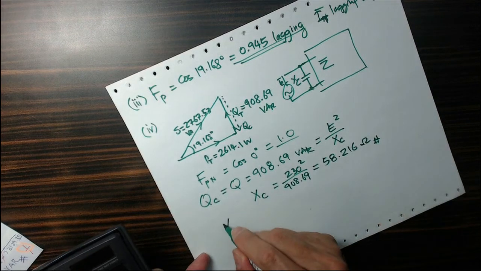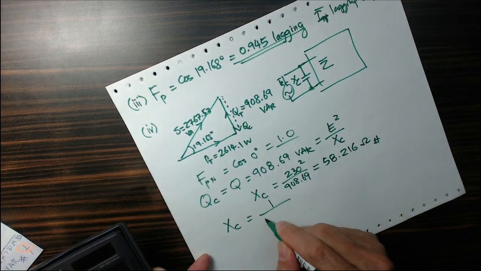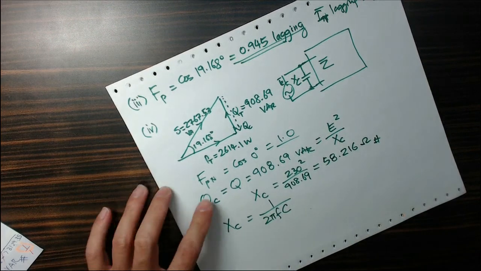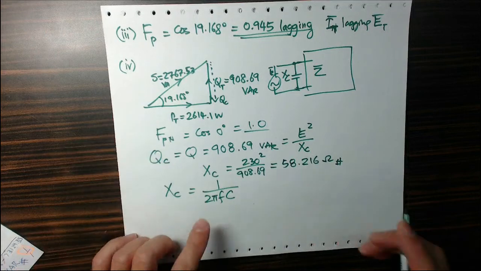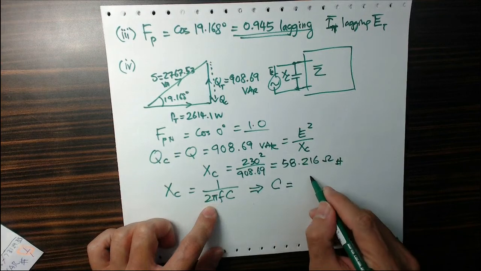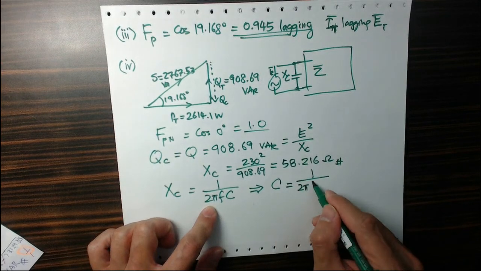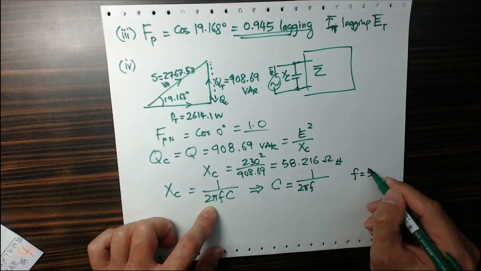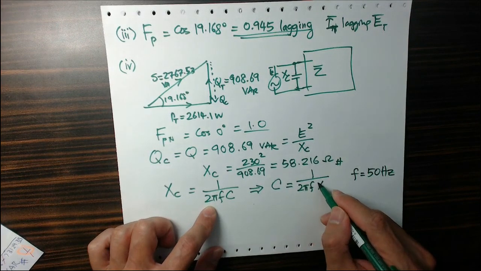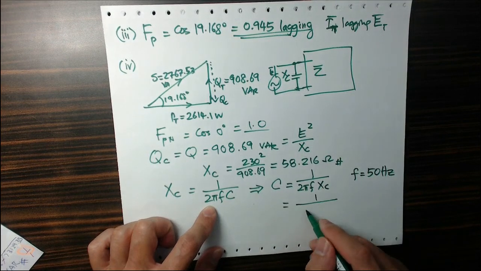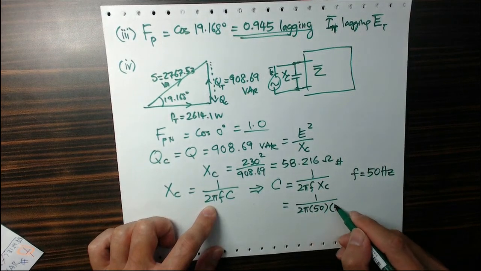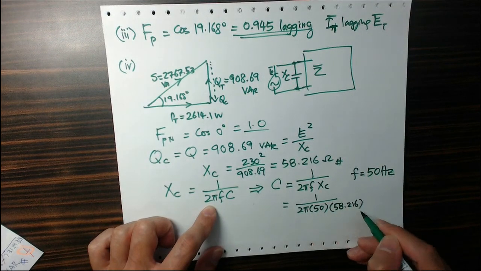But we also know that XC can be calculated using this formula, 1 over 2 pi f C, where C is the value of the capacitance we want. Rearranging this formula gives the capacitance as 1 over 2 pi f XC, where f is the frequency of the supply voltage, which equals 1 over 2 pi times 50 hertz times 58.216 ohms.